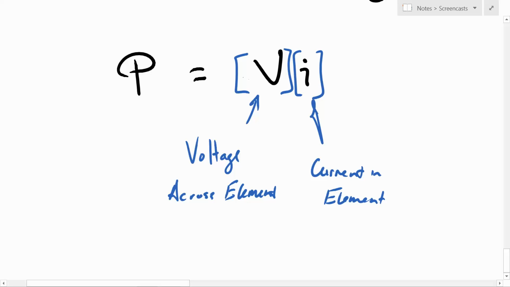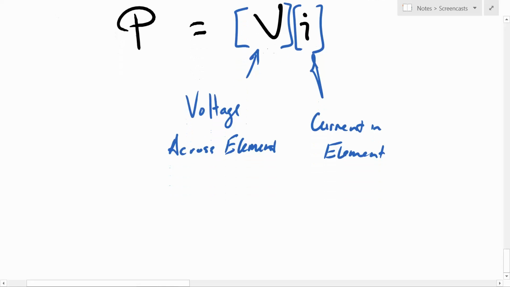The voltage is saying what the difference in height is, what the difference in voltage is between the two points of this element. And then the current is basically telling you how many charges, or how much mass in the gravity case, you're pushing through it, at what rate you're doing that. So that's what's going to tell you ultimately about what power you're delivering.